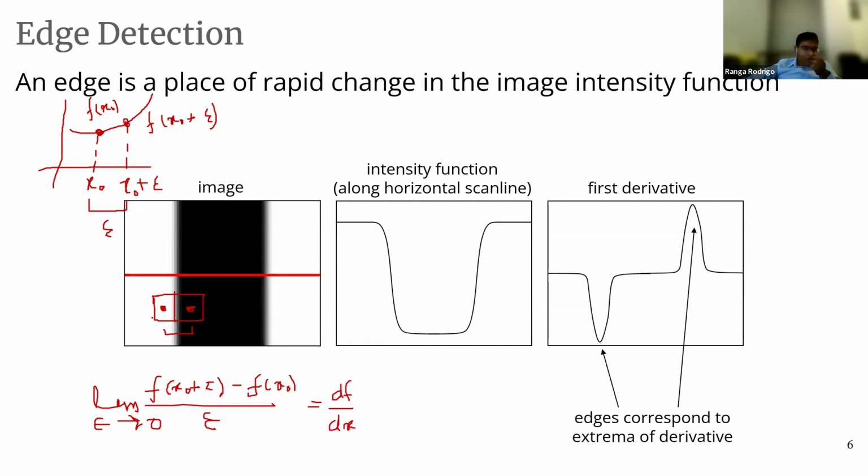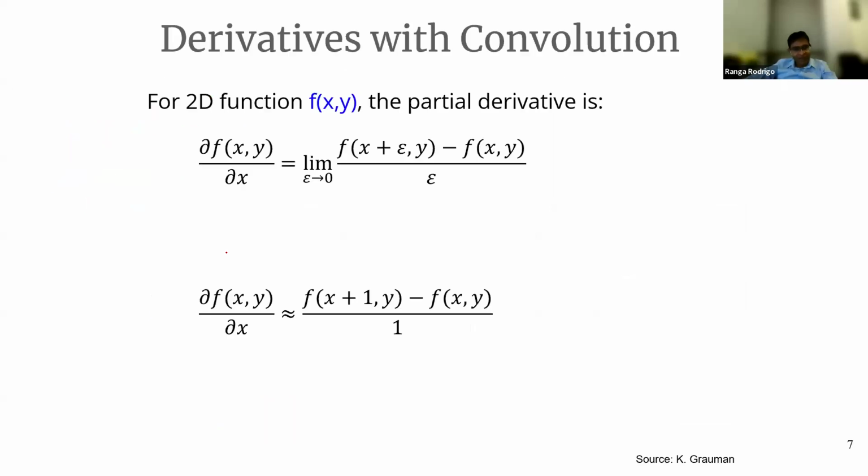But when you have an image, you cannot set the limit of epsilon to 0. The smallest number that you can use is 1 pixel. So you just have to subtract nearby values and divide by 1. That's all you can do in discrete time. This is in continuous time, right? Now I hope you can appreciate these formulas. In this formula, you increase x by a small amount, subtract the function, divide by epsilon, and set the limit to 0.